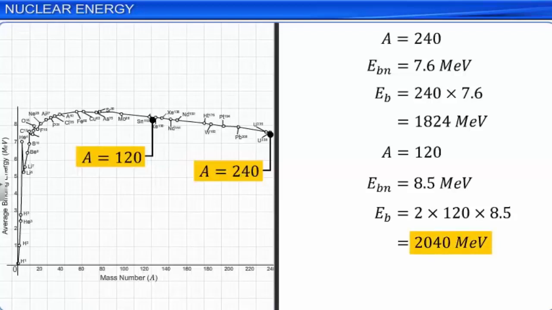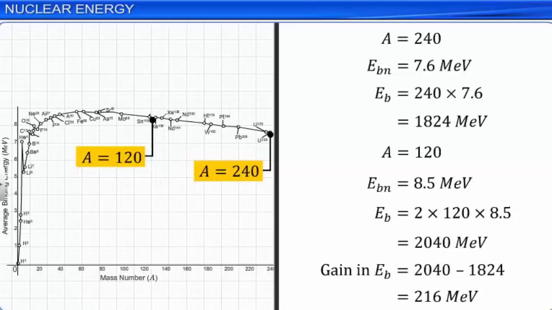This shows that when a single nucleus of mass number 240 splits into two nuclei, the gain in binding energy is 2040 minus 1824, which is equal to 216 MeV. This energy is extremely large and is about 1,000,000 times larger than conventional energy sources like wood, coal, petroleum, etc.